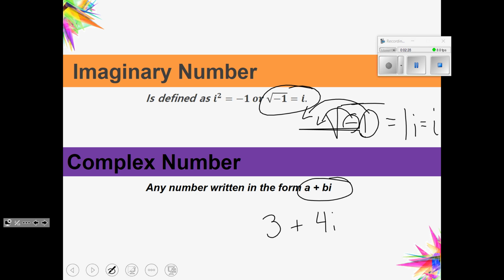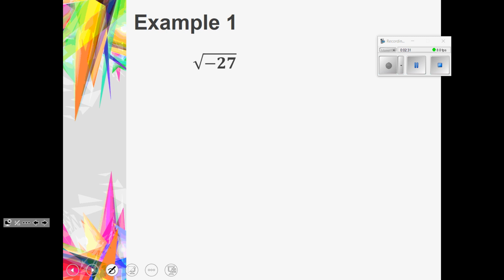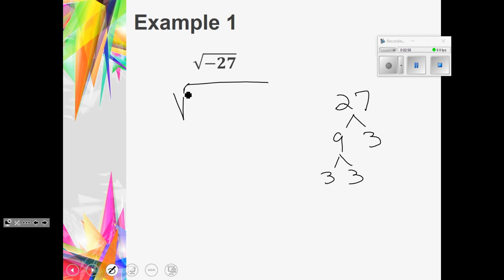So if we go to our next slide, let's take a look at the square root of -27. We're going to break down 27 just as we did before. I'm going to break that down into 9 and 3, and break the 9 down into 3 and 3. And I'm going to make this negative a -1, times 3 times 3 times 3.